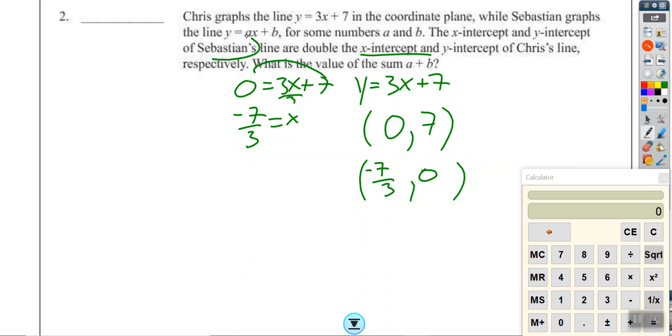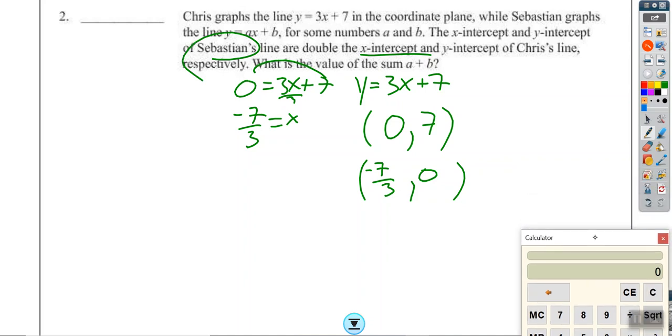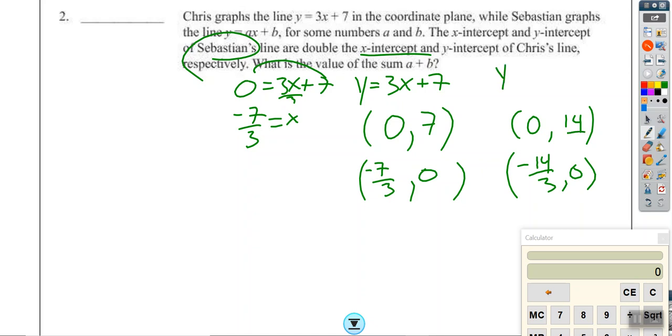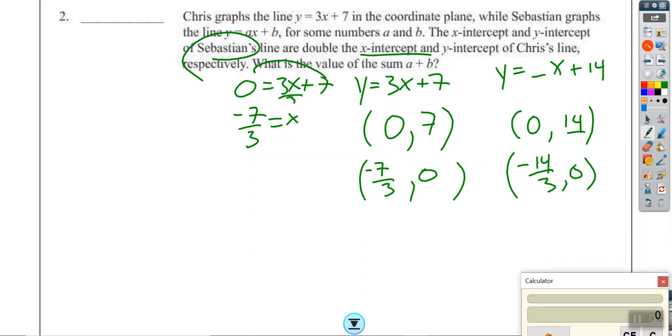And now for Sebastian, we know that his intercepts are exactly twice that. So that's going to be (0, 14) and (negative 14 over 3, 0). All right, so right away we know his equation is y equals something x plus 14. Now for his x-intercept, same process, we know that 0 is equal to his a value times negative 14 over 3 plus 14, right?